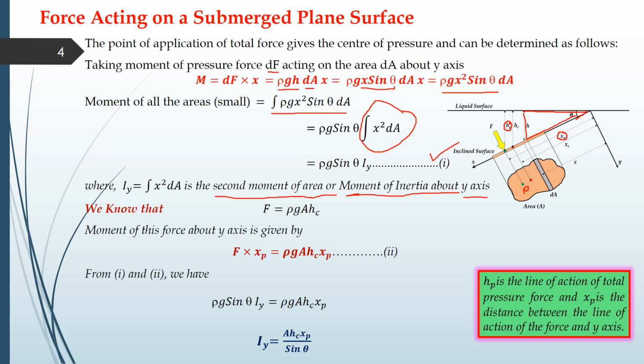Secondly, we also know that force is equal to rho g A hc, which we derived in the previous case. It is the force acting on the complete area. If we take the moment of this force about the y-axis, we can write it as F into xp, because we are assuming that this force acts at another point P, at some distance xp from the y-axis.